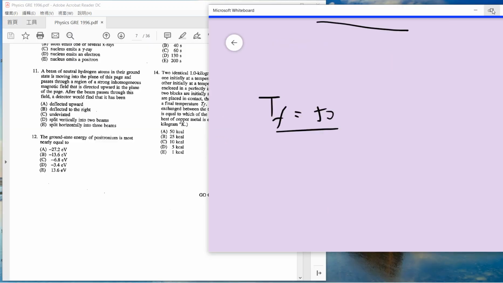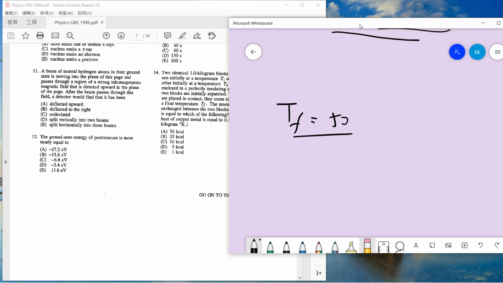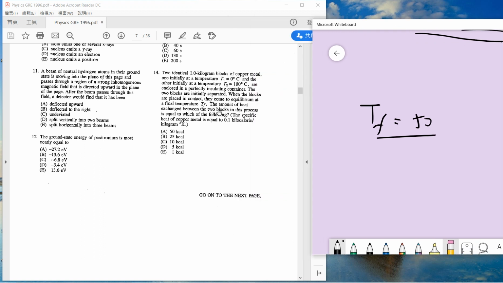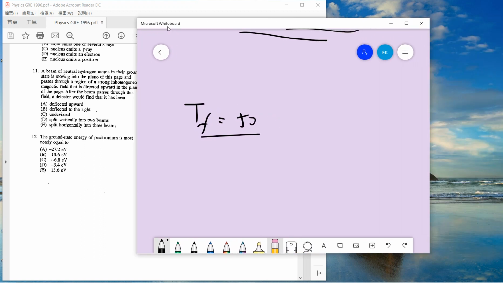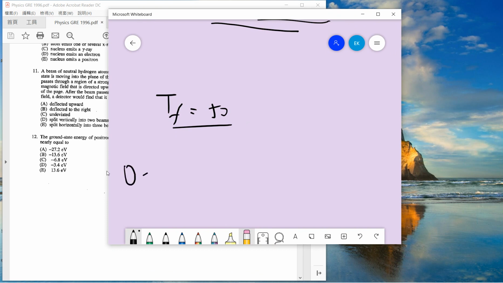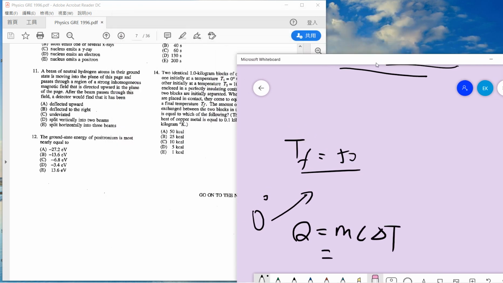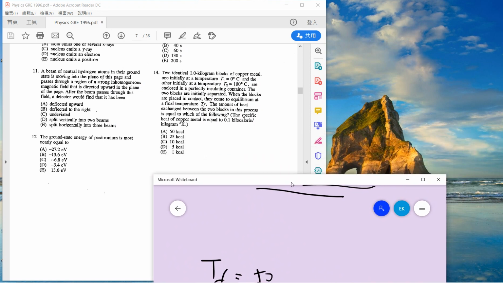And what you ask about is the amount of heat. From 0 Celsius to 50 Celsius, what we have is just mc delta T, right? So what is m? m is 1.